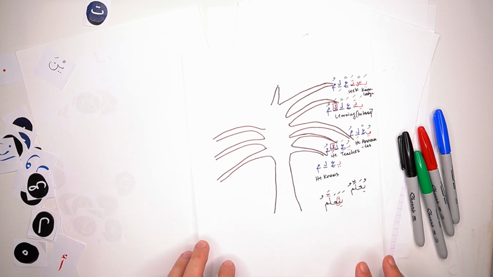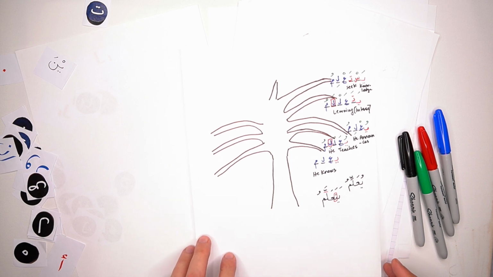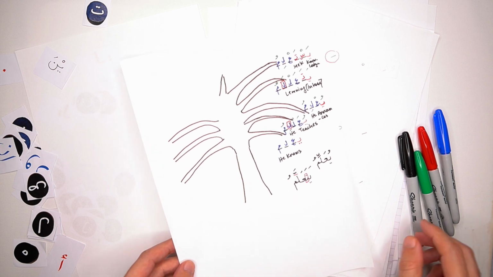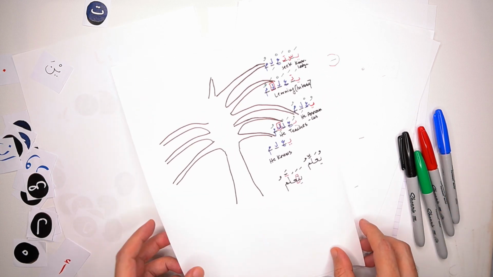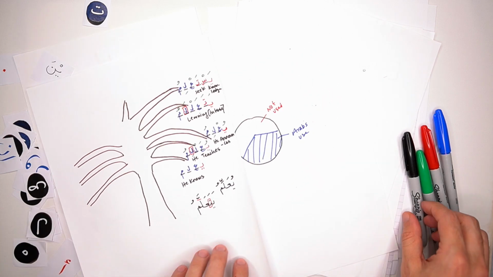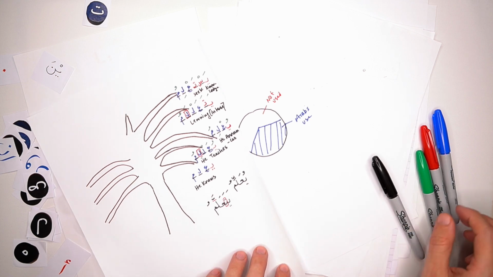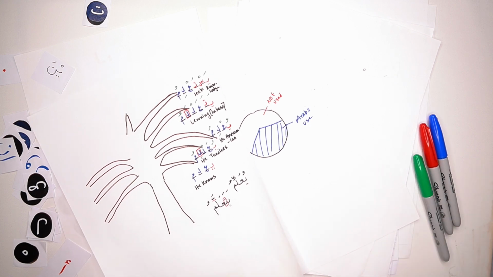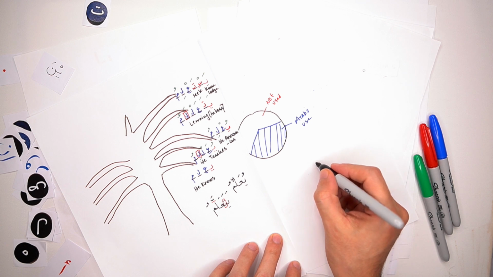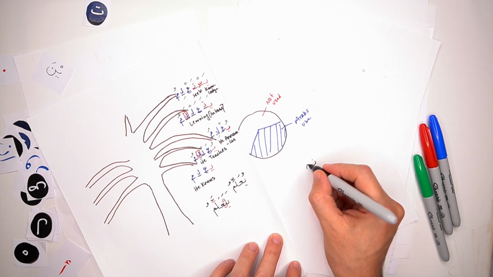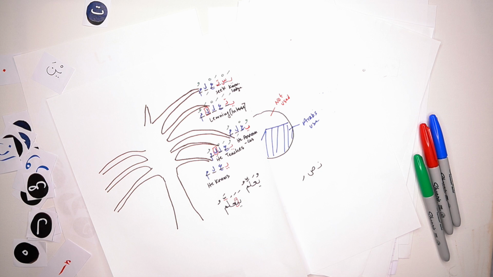Now, what you can do on the side is take another verb. Let's use, say, nasara.